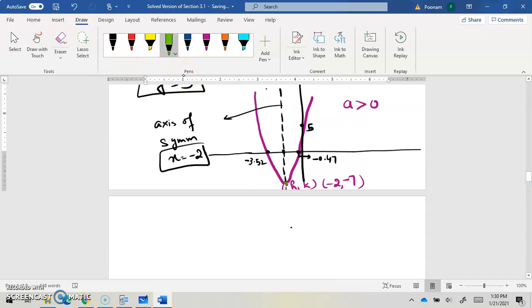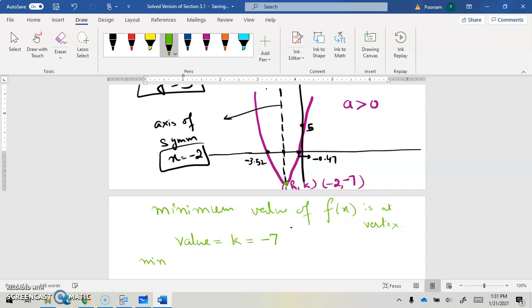So, the minimum value of the function is at the vertex. Okay. So, what does the vertex tell you? The value is equal to the k value, which is negative 7, and it is minimum at x equal to negative 2, because that is the h portion.